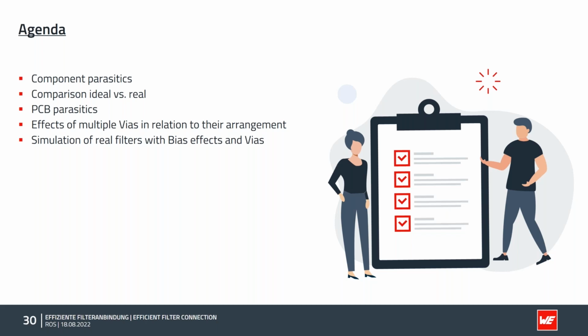I will show you especially the parasitics of the PCB, especially the wires, and how it interacts if you use more than one wire, and what happens with the filter characteristics.